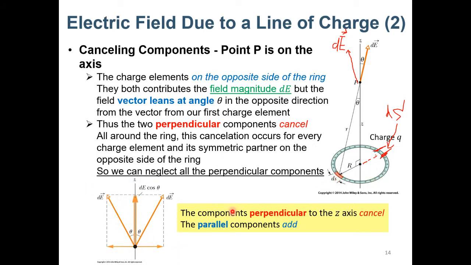For this ds it generates dE here. For the ds prime, it generates dE in here. Because for a perfect circle, you can always find ds symmetric to ds prime, so that all the vectors are on the same plane.